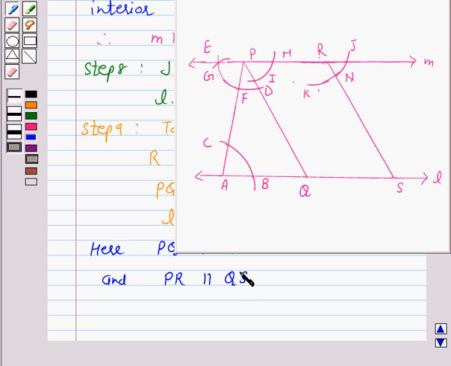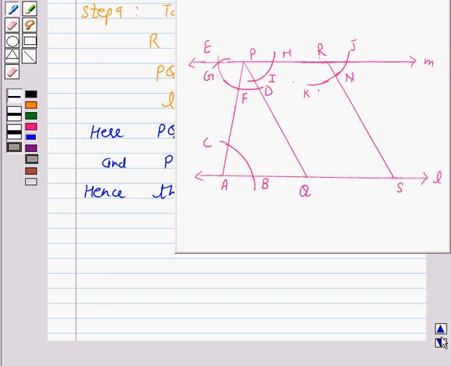So the shape the two sets of parallel lines enclose is a parallelogram. Hence, the quadrilateral PQSR is a parallelogram.